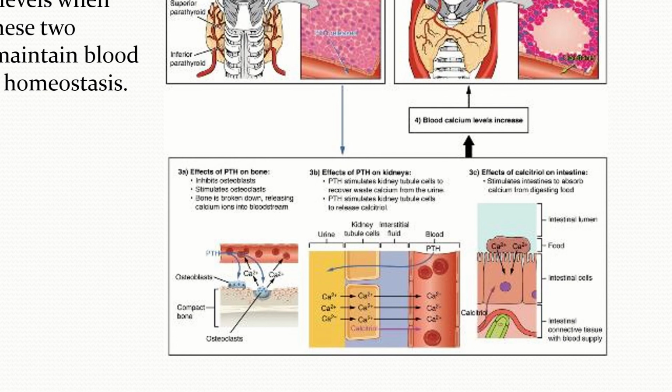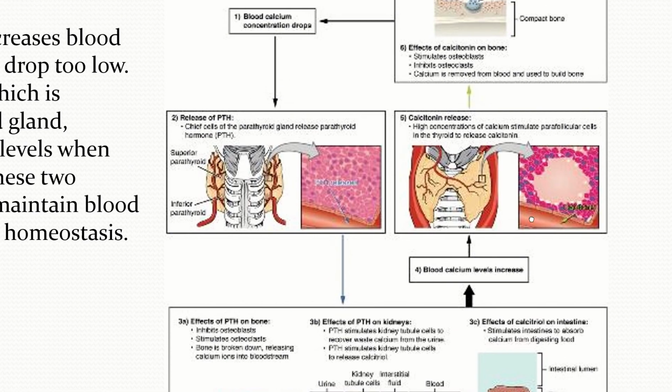The effect of the calcitriol on the intestine is to stimulate the intestines to absorb calcium from the digesting food. So please note that calcitriol is the vitamin D3, the active form of vitamin D. Then the blood calcium levels will increase.